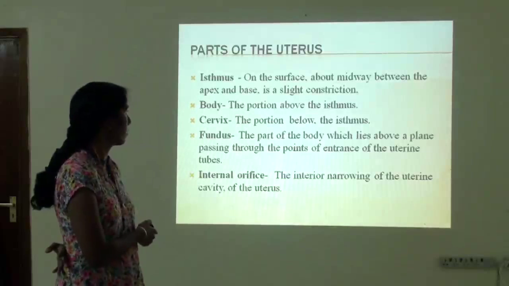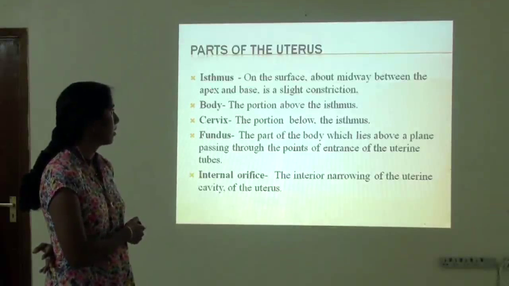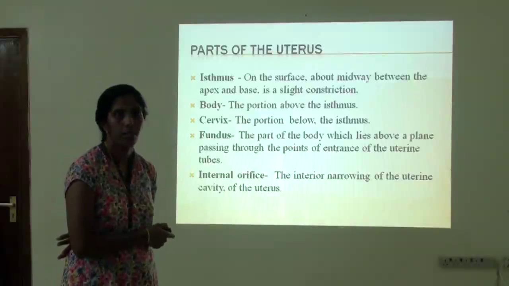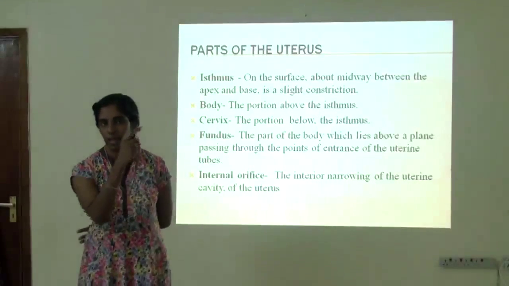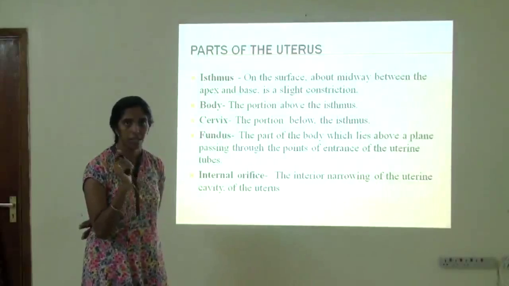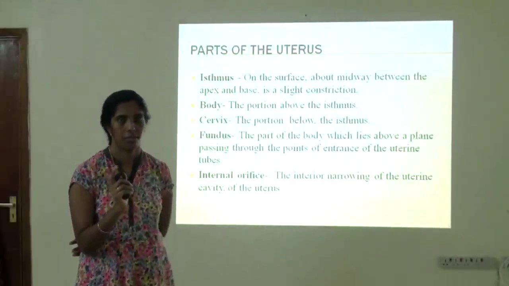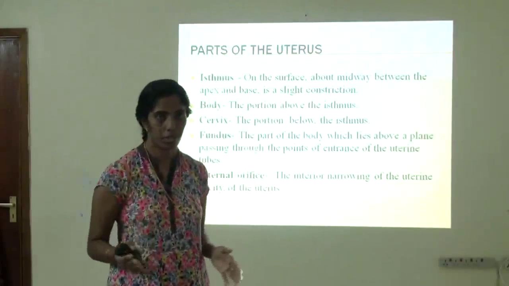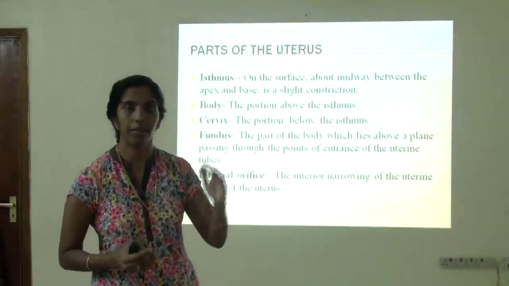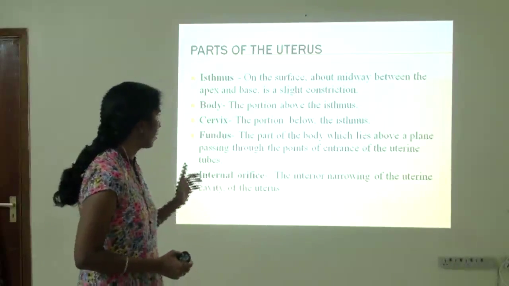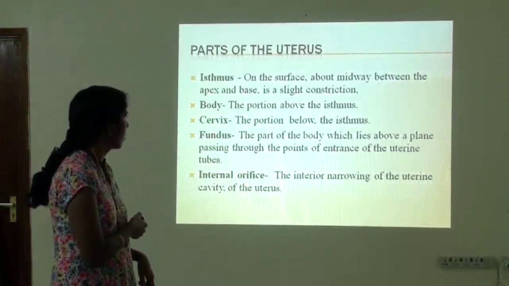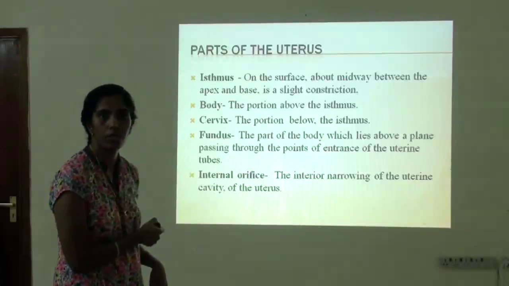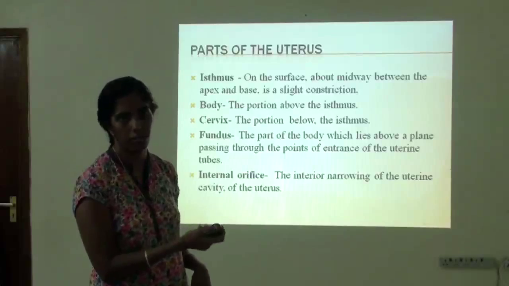First you have the isthmus. Isthmus is a small surface constriction about midway between the apex and the base. Next is the body of the uterus. The body is the portion above the isthmus.